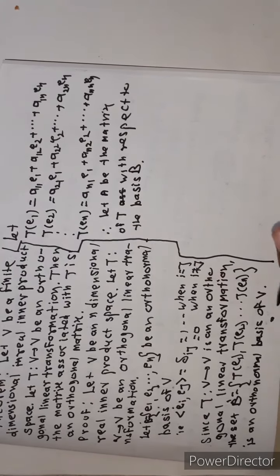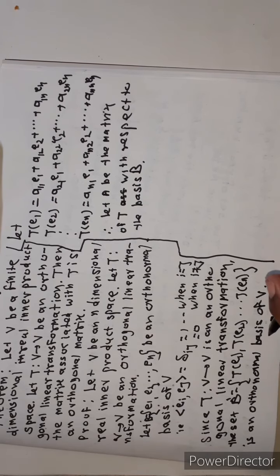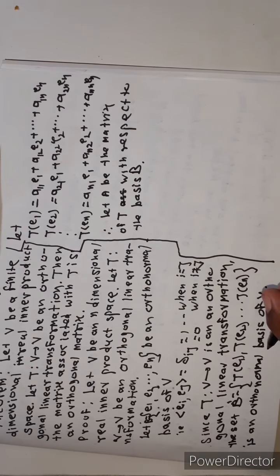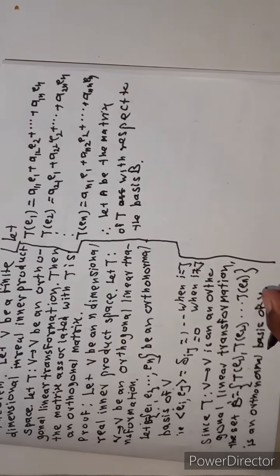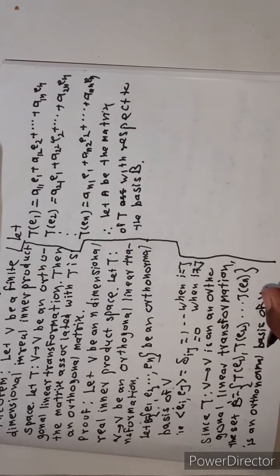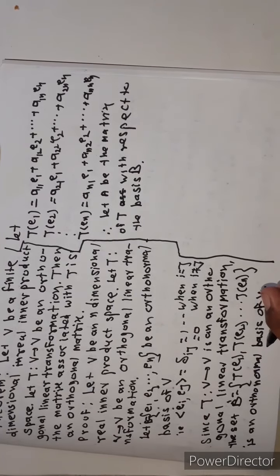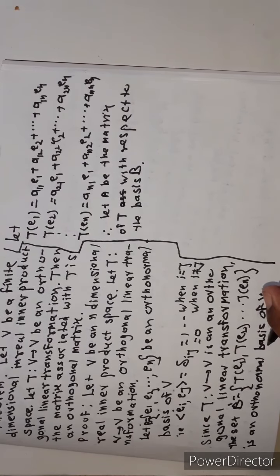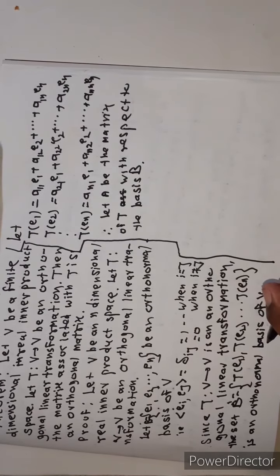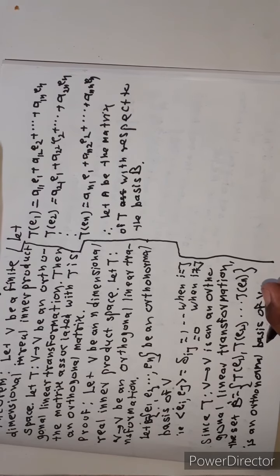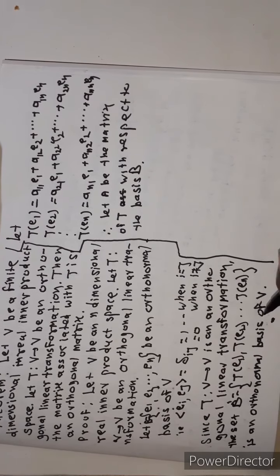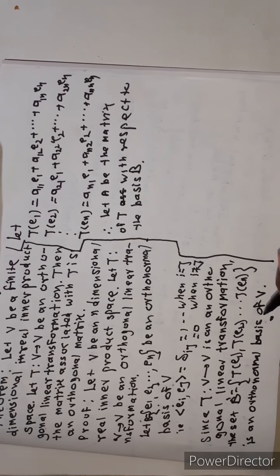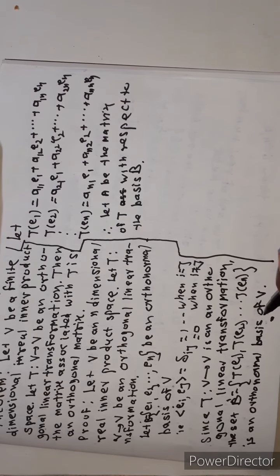Now see here, E1, E2, ..., En is an orthonormal basis of V. Therefore, T(E1), T(E2), ..., T(En) can be expressed in terms of E1, E2, ..., En. T(E1) is equal to A11 E1 plus A12 E2 plus ... A1n En. T(E2) is equal to A21 E1 plus A22 E2 plus ... A2n En.